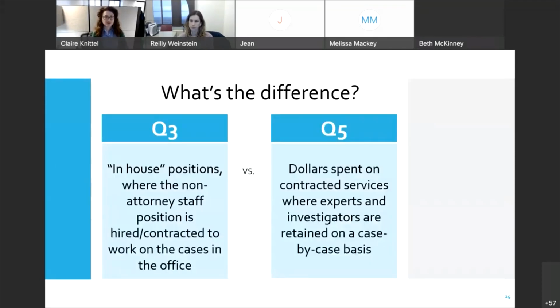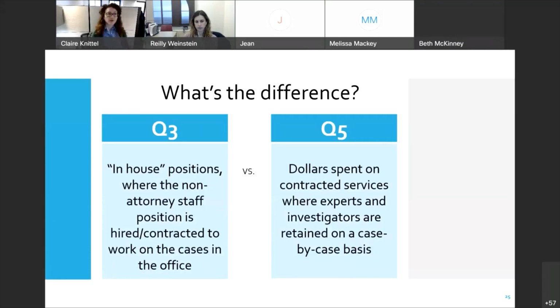So what's the difference between question 3 and question 5? So question 3 is counting in-house positions, where the non-attorney staff position is either hired or contracted, because it can be one or the other, to work on the cases in the office.